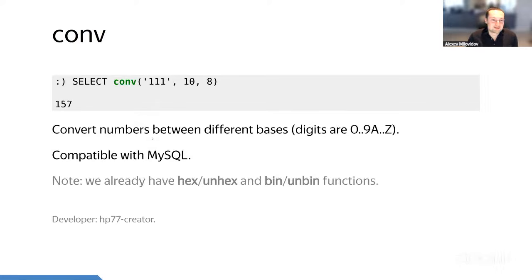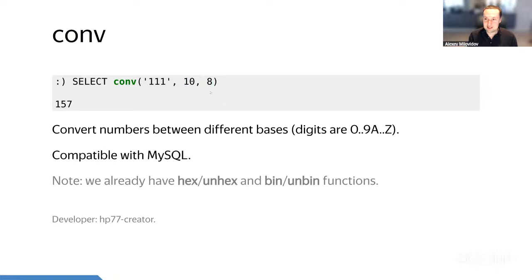What else? A new function named conv. This function will just convert a number with its string representation from one base to another base. In this example, we are converting number 111 from base 10, so decimal, to base 8, so octal.